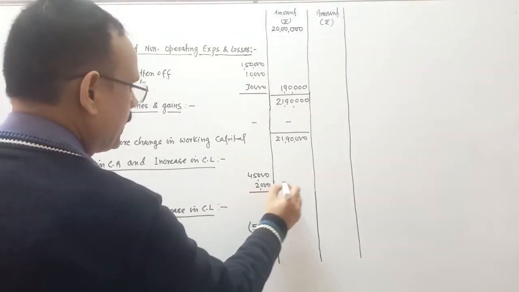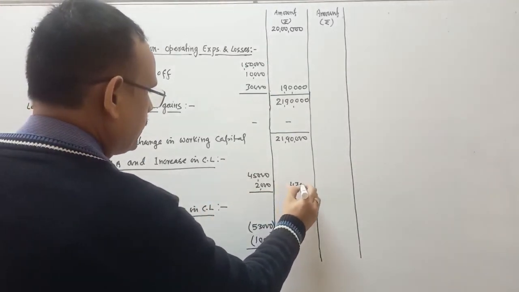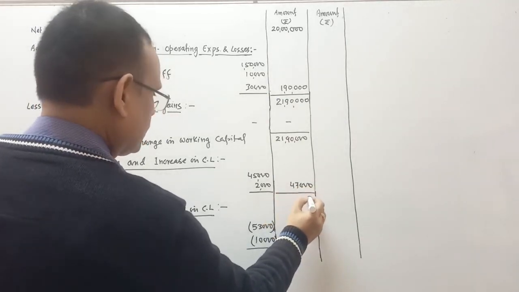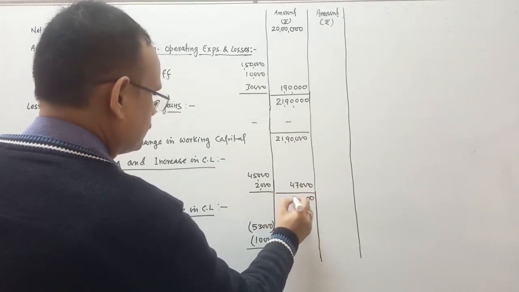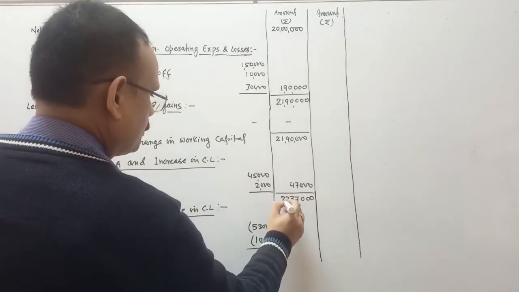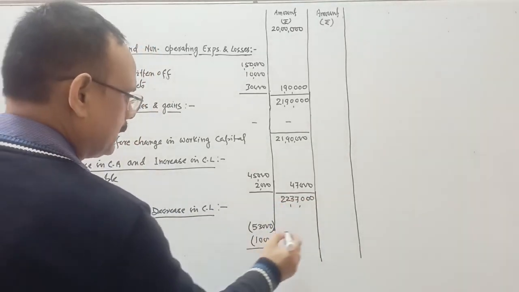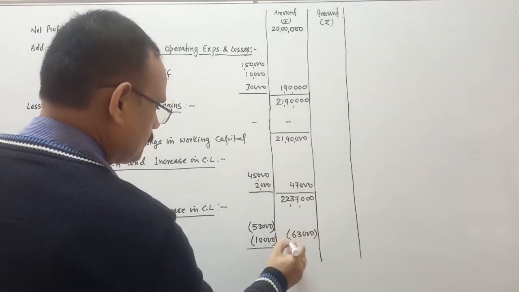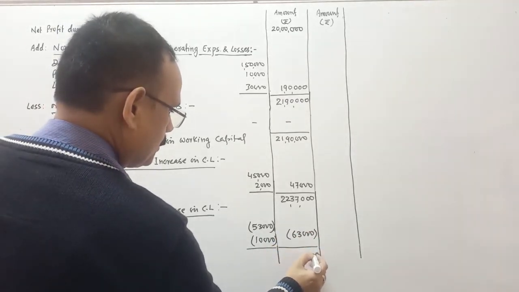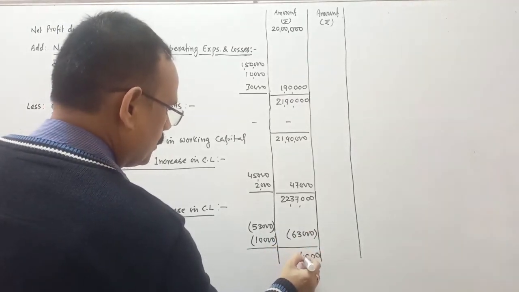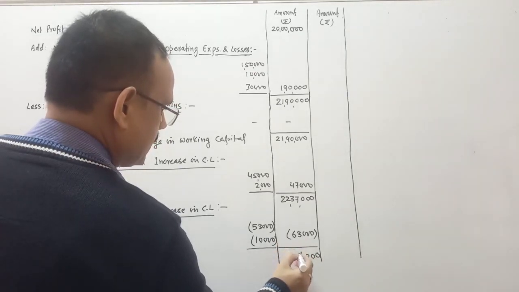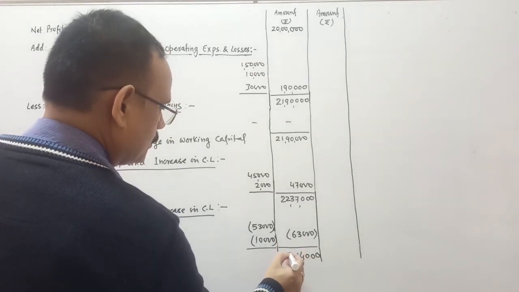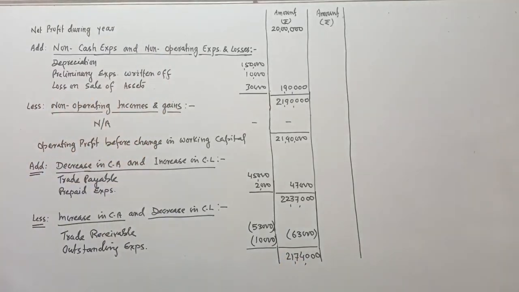So you added 47,000 to the previous figure. Then it is 22,37,000. Then we will deduct 63,000 from it. So the figure is 21,74,000.